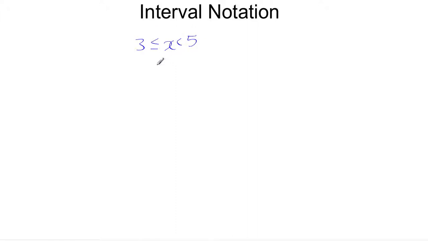Instead of writing it like this, we can use interval notation, meaning we write it almost like a point. So this notation here, we'd write like this. It looks confusing, but basically it's saying that this value of x goes from 3 to 5, anywhere from 3 to 5.